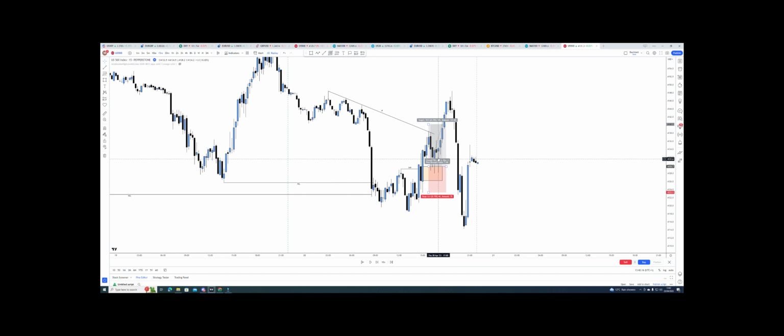It shows that in this case the Nasdaq would have been more favorable to trade as it was weaker. And you can see here as well, if you compare the move, this move here would have been this move here, and this is a lot more explosive. It's because it's weaker.